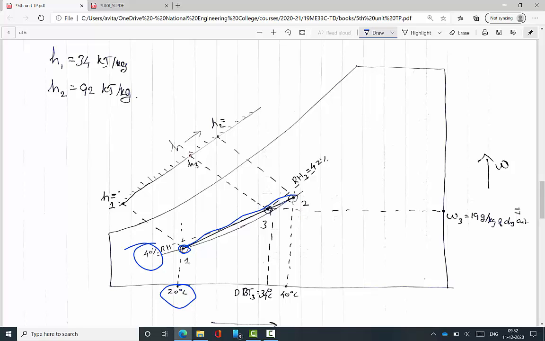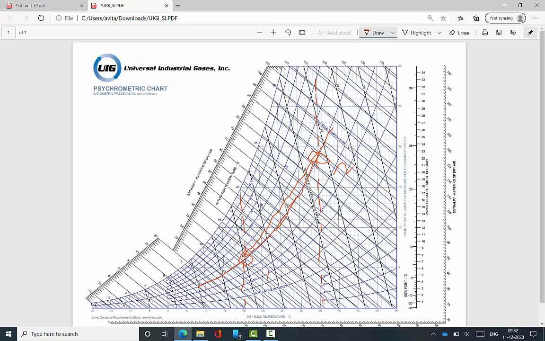Once I locate the points, then I extend the line from points 1 and 2 to the enthalpy scale, a line parallel to the enthalpy scale. Here H1, here H2.